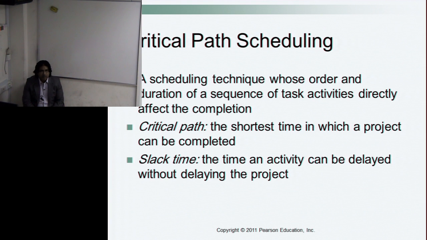From that table, it will become clear which activity can be delayed by how much time and which activity cannot. So, slack time is the time an activity can be delayed without delaying the project.